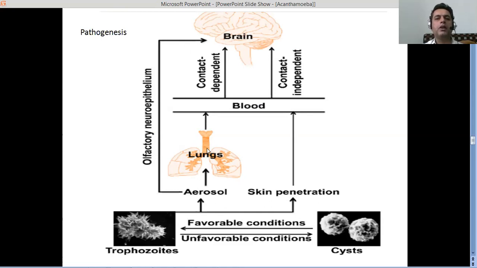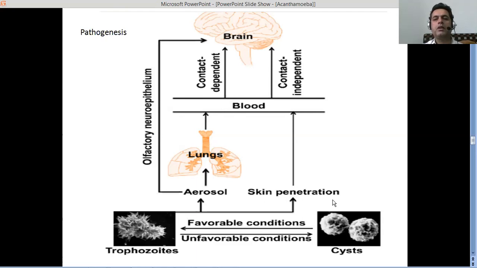And if it goes into the lungs, for instance when you inhale it with respiration, then after infecting the lungs, it can enter your bloodstream, and through the blood circulation, it can infect your brain tissue or other organs.